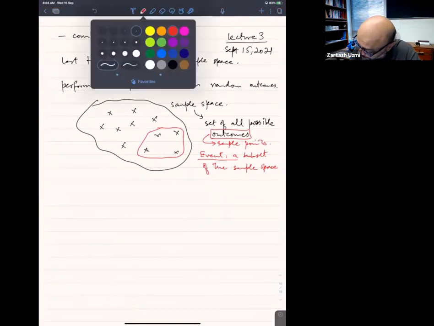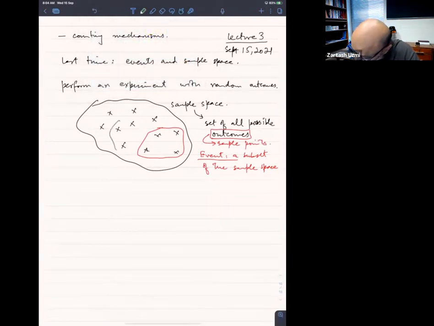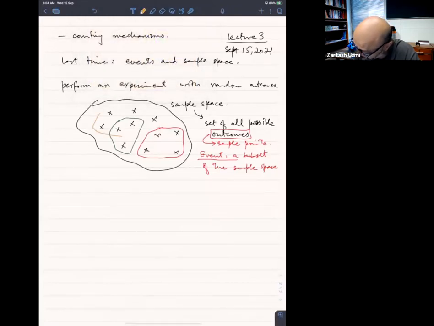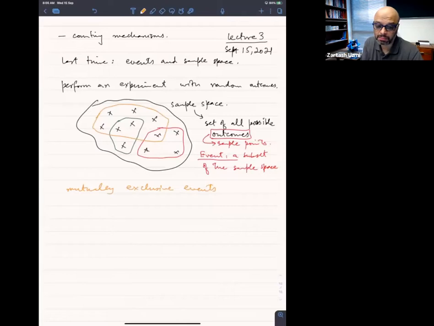Similarly, another set here, this is another event. ये green में जो show किया, this is another event. And this one here is yet another event. And last time we talked about mutually exclusive events, the events which cannot happen together.